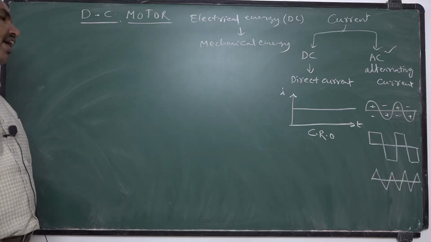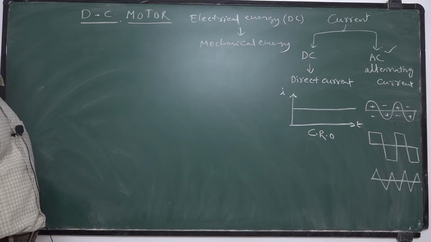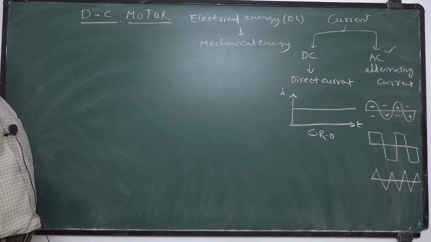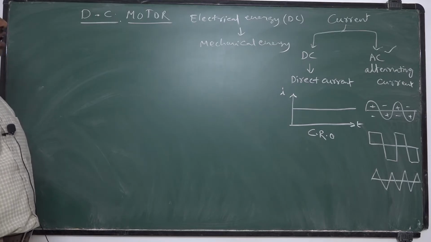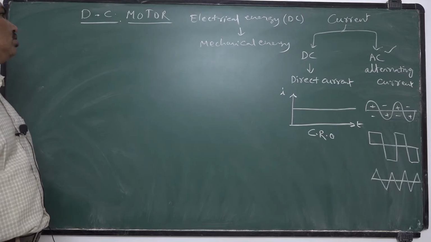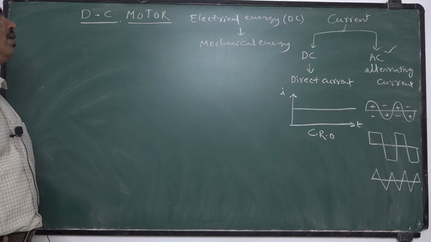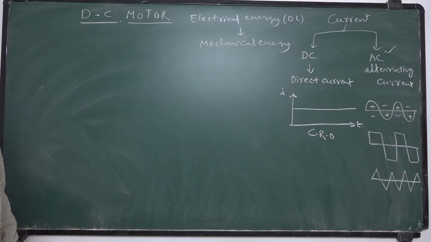Now let us understand the construction, the working principle, and the efficiency formula for DC motor step by step. All of you should follow clearly the sentences I am going to write on the board related to DC motor.